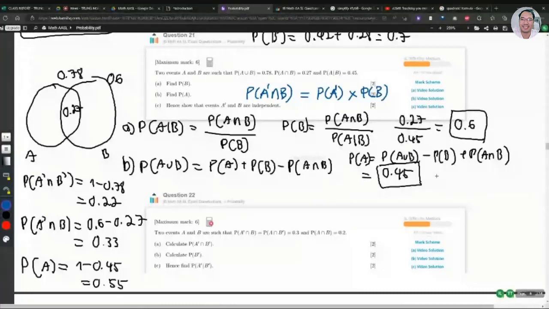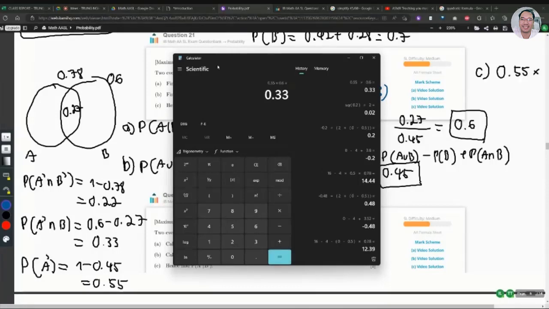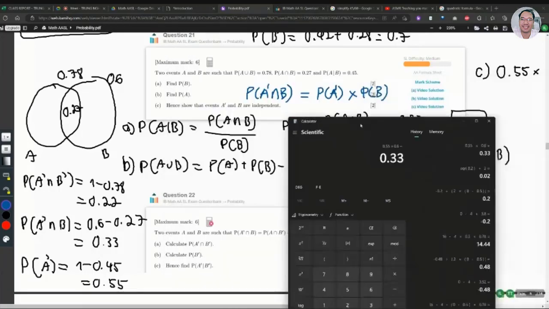Then we can use the equation, multiplying not A, which is 0.55, and prob B, 0.6. 0.55 multiplied by 0.6 is 0.33 exactly. Beautiful.